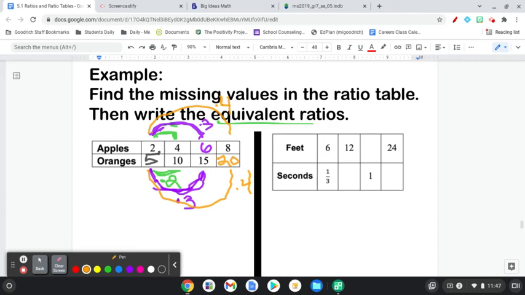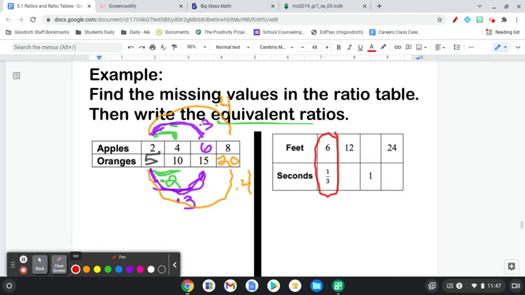However, some tables are not as easy. For example, the tables on the right here, feet and seconds. We've got fractions going on, so it can be a little bit trickier. So what we do is we use that ratio value that we found in the previous examples. So I want to look at the pattern of feet to seconds.